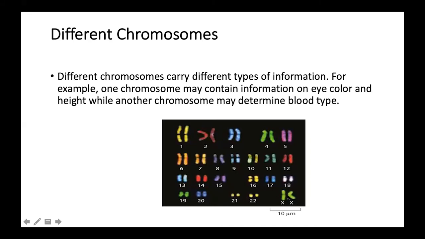This extra pair of chromosomes is so important because it determines the body's gender, whether you are a boy or a girl. Girls have 2 X chromosomes. So this extra pair of chromosomes for girls is made of 2 X chromosomes.